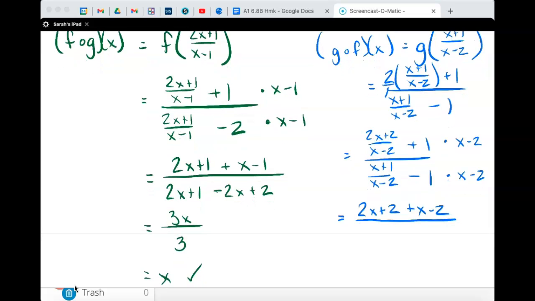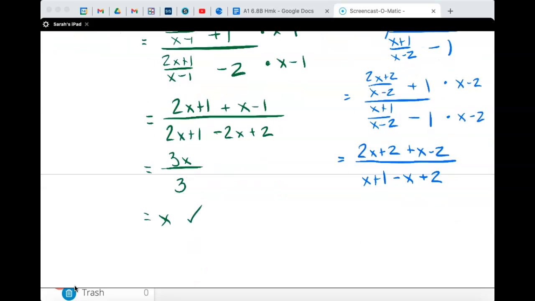Same thing in the denominator. X minus 2 is canceled, and we just have x plus 1. And then distribute negative 1 to x minus 2, get negative x plus 2. So then putting my terms and dividing, we get x.